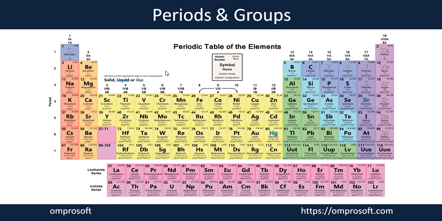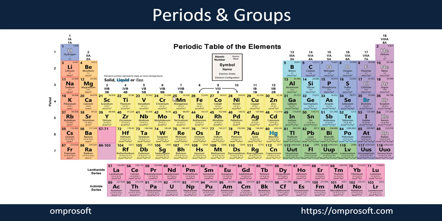They are divided into two subgroups, like 8A and 8B. So here 1A, 2, 3, 4, 5, 6, 7, 8. And all these transition metals belong to the B part. So this completely shows that each group has the same number of electrons in the outermost shell.